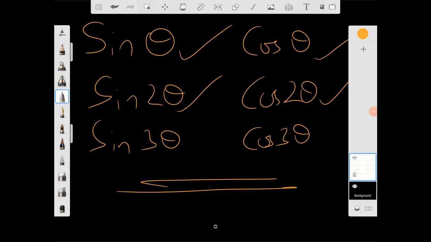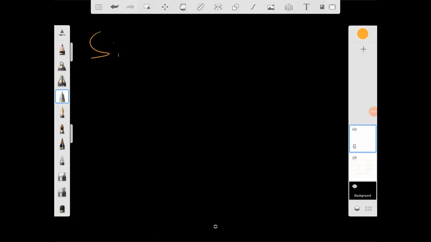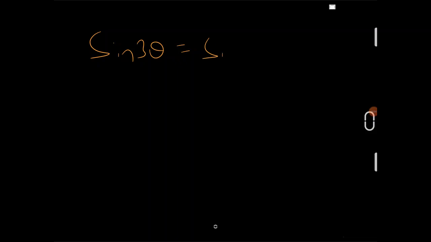So how to find sine 3 theta? It's pretty easy. Sine 3 theta is equal to sine theta plus 2 theta. Now this is sine A plus B. What is sine A plus B?